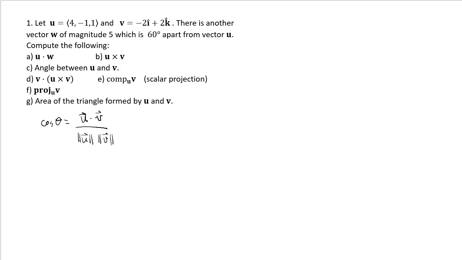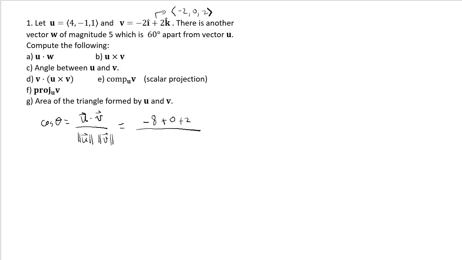Okay. All right. So let's compute. We actually need to calculate the u dot v, and u and v are given as coordinates. Remember, this should be thought of as -2, 0, and 2. So 4 times -2 is -8. -1 times 0 is 0. 1 times 2 is 2.